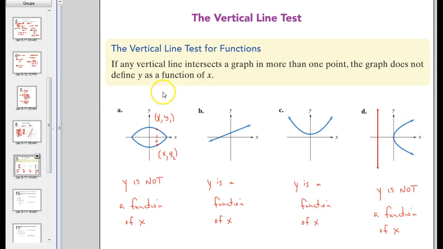And that's the vertical line test. If a vertical line passes through a graph and never hits it more than once, then we say it passes the vertical line test and it is a function. But if at any point a vertical line hits a graph more than once, we say the vertical line test fails and that graph is not the graph of a function, or at least y is not a function of x.